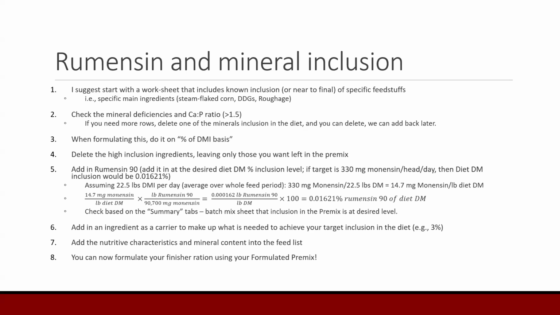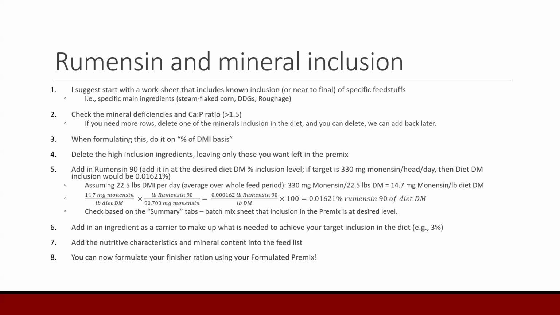Then you're going to take the nutrient profile that's provided for your vitamin mineral premix and copy it into your feed library. You're going to name it Ben's premix in the feed library. Then you're going to reformulate that diet with your formulated premix.